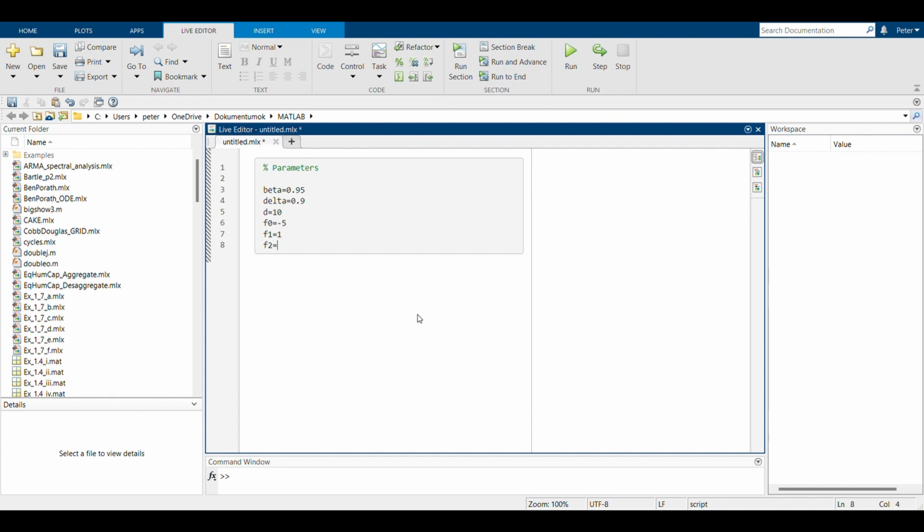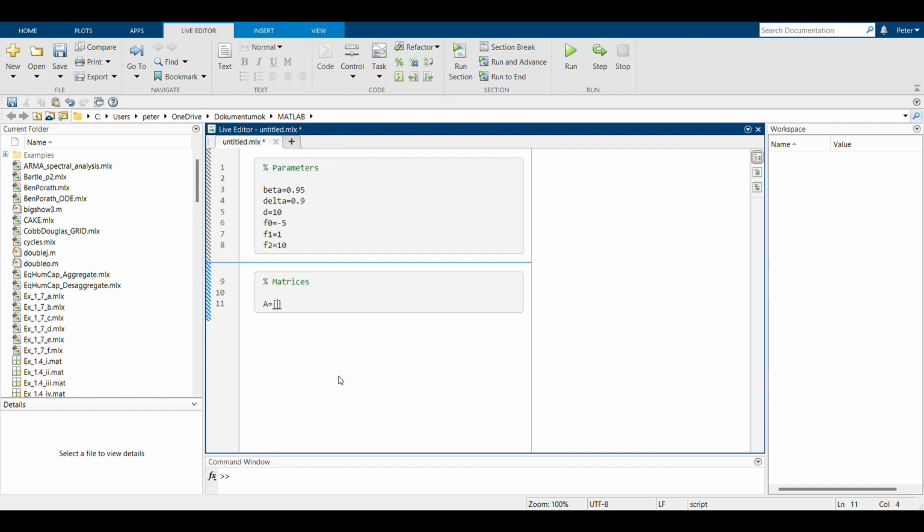We need to make sure that matrix R is negative definite. It's easy to check, you will see, because we are going on with the matrices.